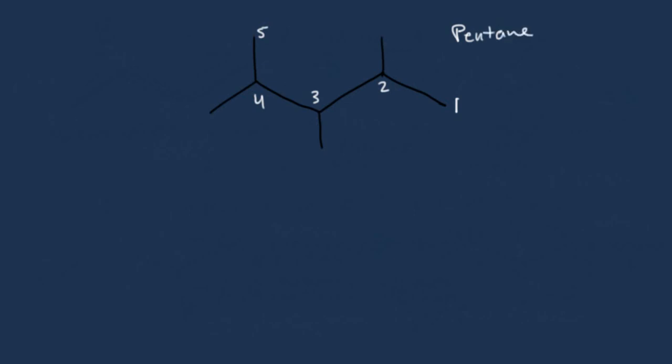Now we need to identify any substituted groups. Well, I'm going to put dots right here, there, and another one right there, because these are the different positions that it looks like we have substituted groups on. And so we see that this dot corresponds to that number, which is 2.